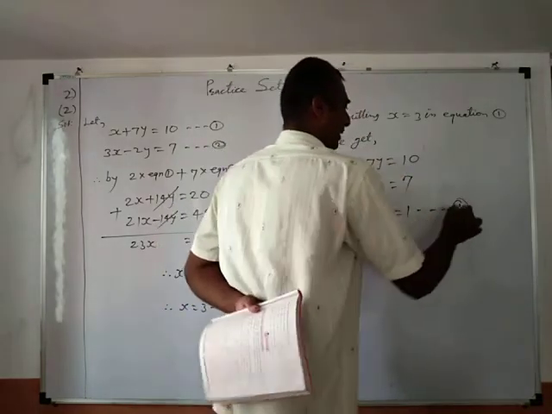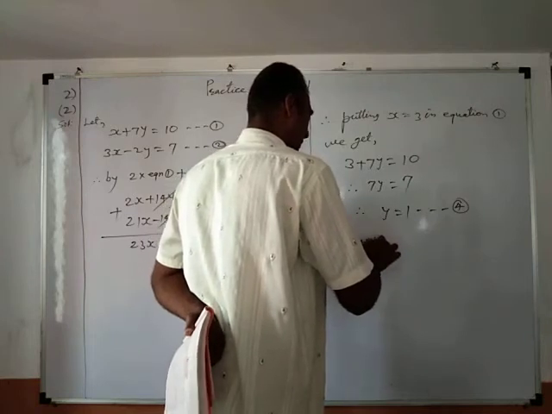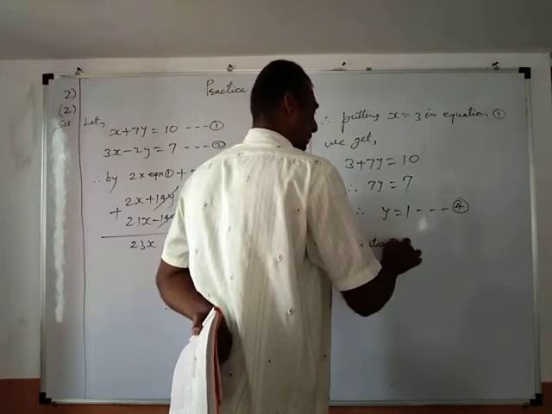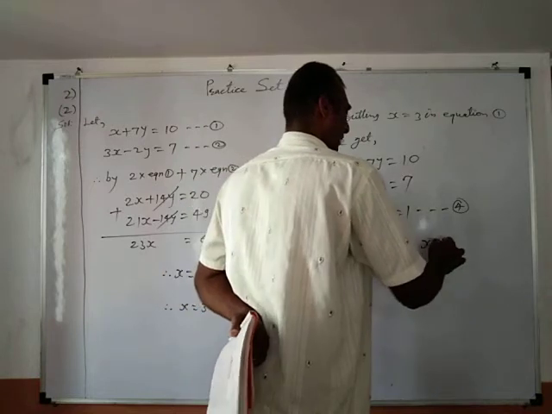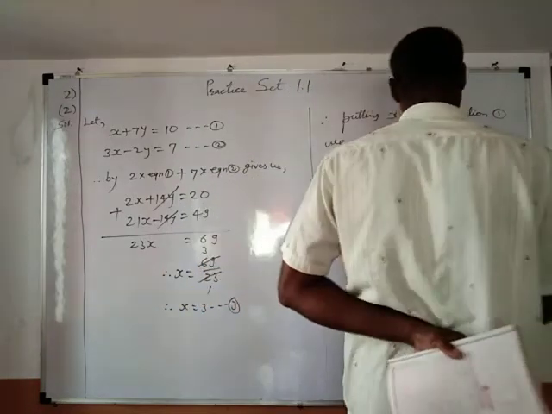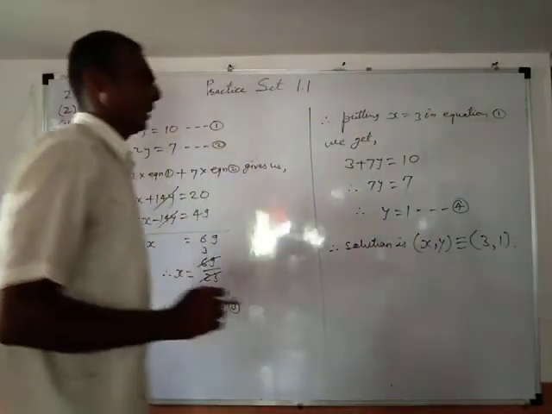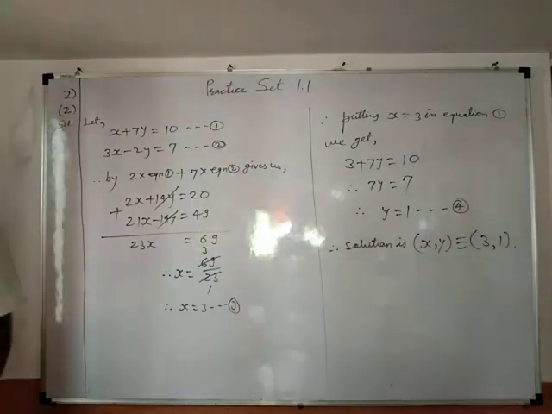Equation 4th, and therefore the solution is x comma y, where the value of x is 3 and the value of y is 1. xy is 3 comma 1.